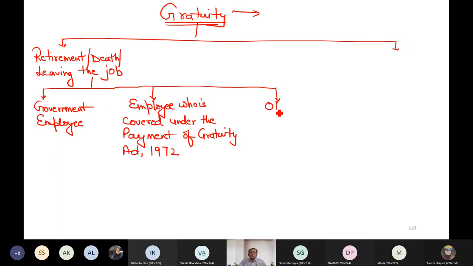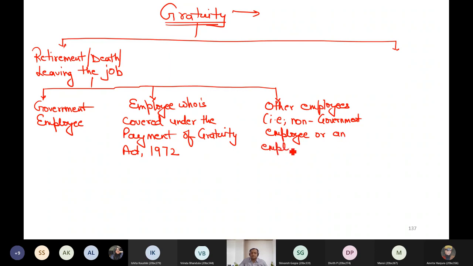Then there may be other employees other than the first and second category, that means a non-government employee, or an employee who is not covered under the Payment of Gratuity Act 1972.